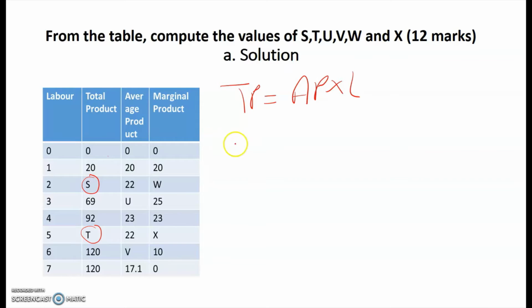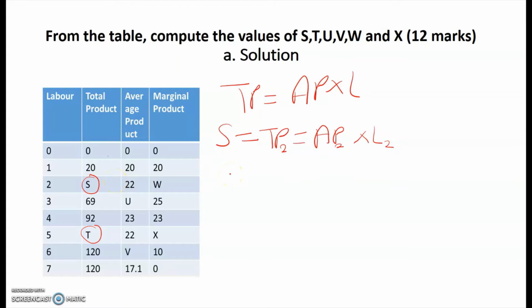Now let's calculate that of the S. So S will be equal to, that is total product 2. Now I realize that this is S. Then we said the formula is the average product times labor. So it means that that will be average product for the second unit times labor for the second unit.